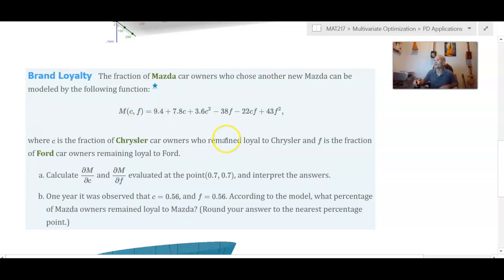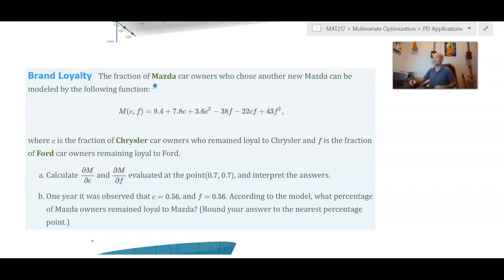It is dependent on C, the fraction of Chrysler car owners who remain loyal to Chrysler, and F, the fraction of Ford car owners remaining loyal to Ford. So basically, we want to know for every Chrysler owner who remains a Chrysler owner, and every Ford owner who remains a Ford owner, how many Mazda owners will remain Mazda owners?